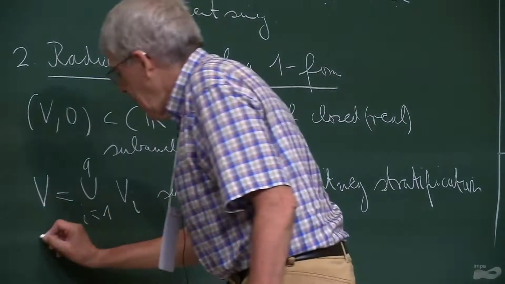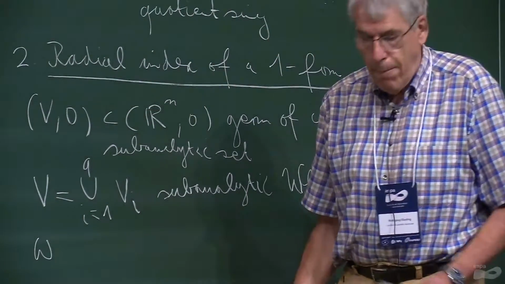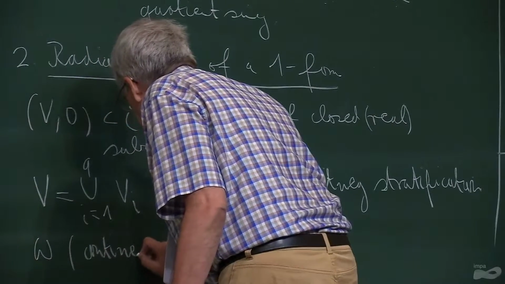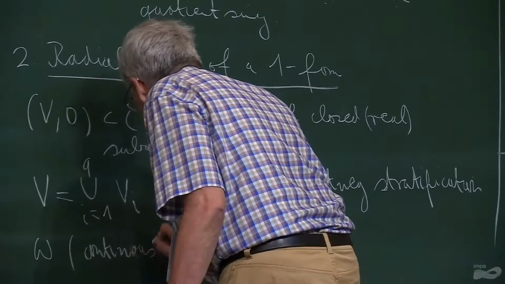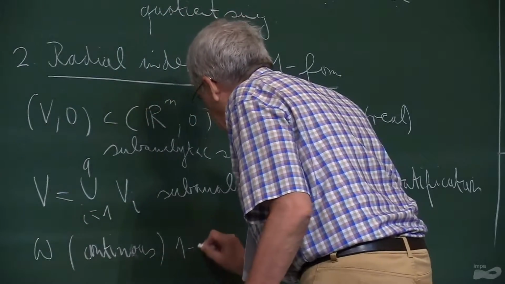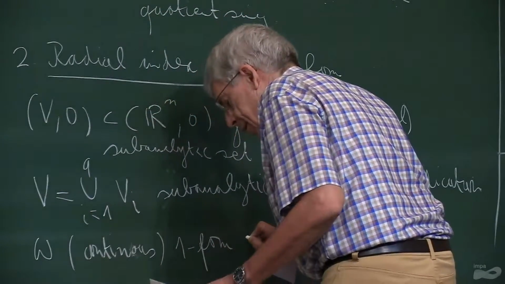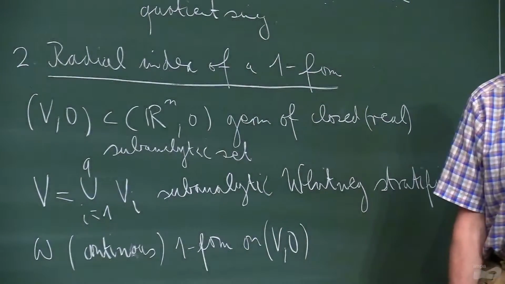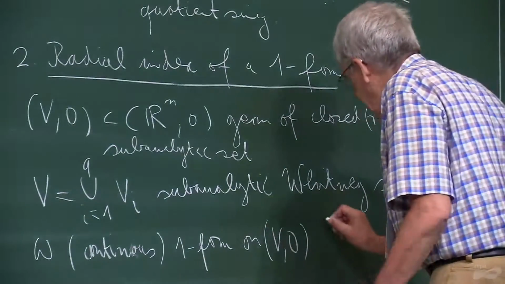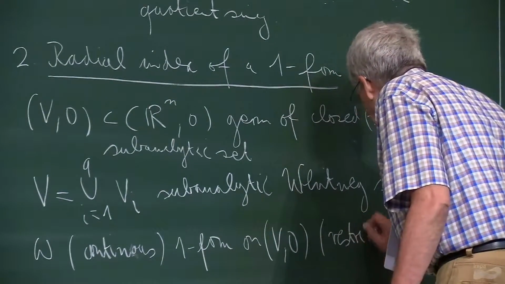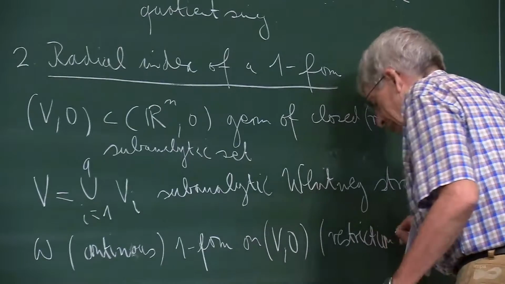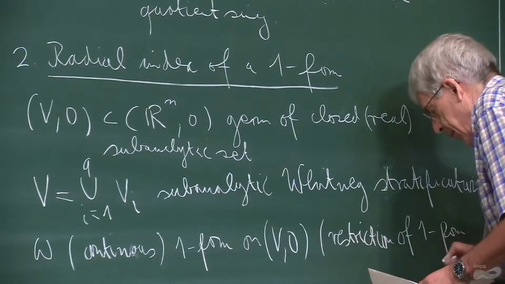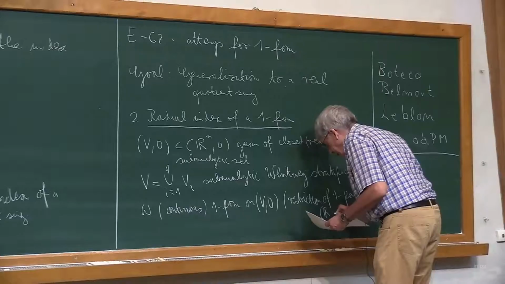And we consider a continuous one form on V, 0, so it need not even be analytic, and this is in fact the restriction of a one form on the ambient space to this subvariety.